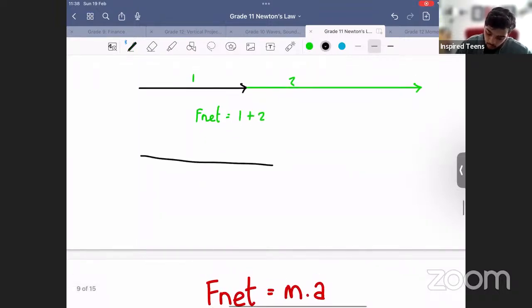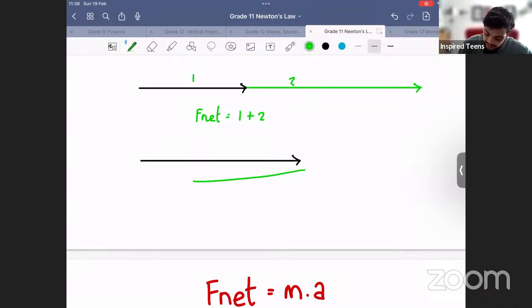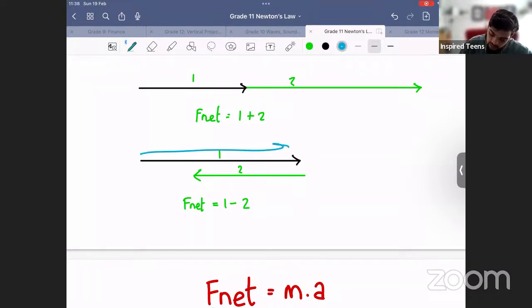However, just say I have one vector in the right direction and another vector in the left direction. In this case, I would have to say F net is equal to 1 minus 2. So now in this situation, because it's to the right bigger than to the left, my net force is just the difference here. This is F net.